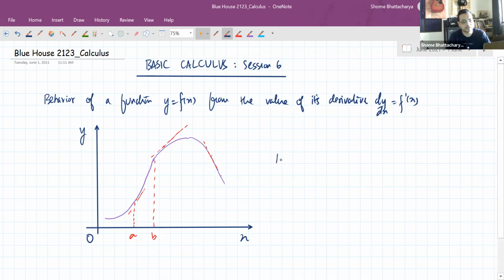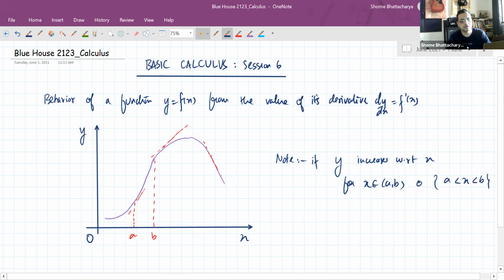So you can see here that if y increases with respect to x for x belonging to a certain interval, let's say a to b, this basically means that x is greater than a, less than b, that particular interval.